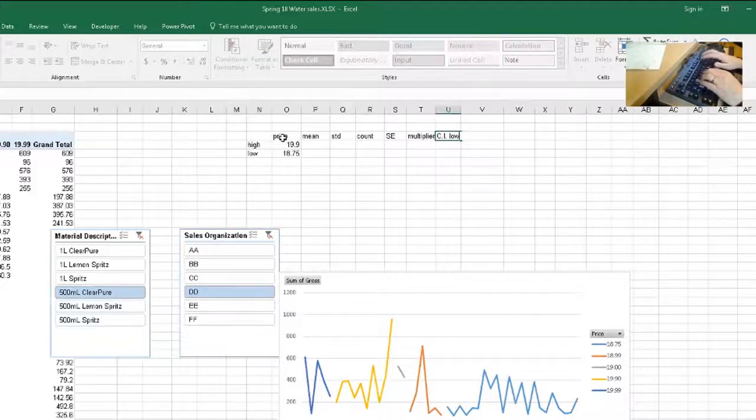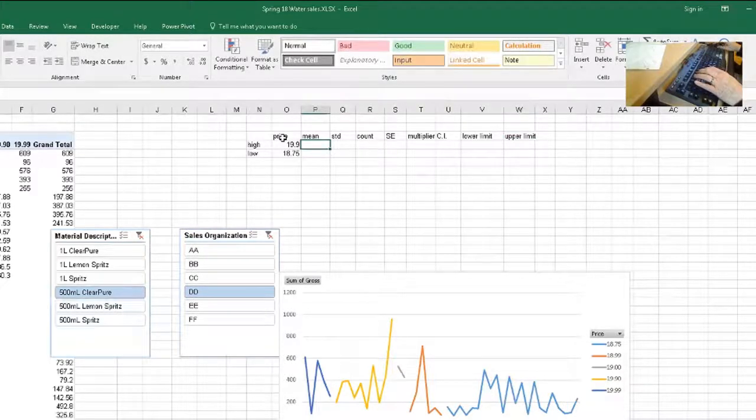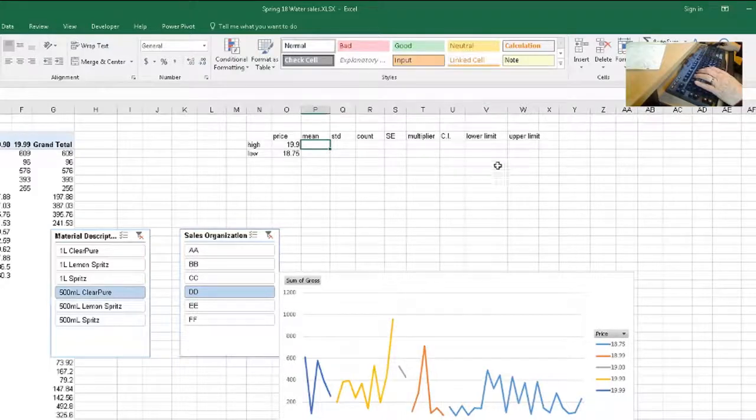And then I'm going to look at the lower limit of the confidence interval and the upper limit. And I want to see how these differ. And specifically, I want to see if the lower limit of the higher price is close to the upper limit of the lower price. So do they overlap?